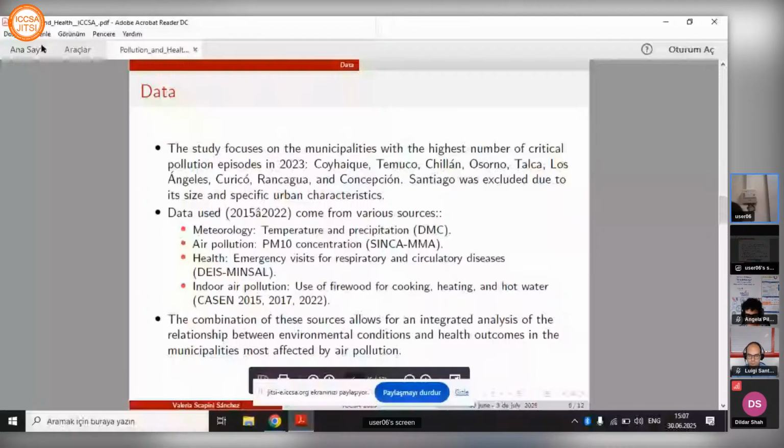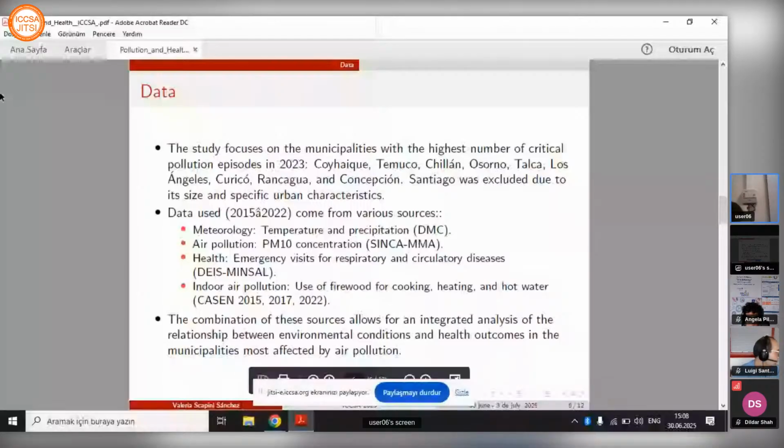We don't have data about indoor pollution, but we use a socio-economic survey, very big, every 2 years. And in this survey, they ask everyone in the house if you are using solid fuels for cooking or for heating water or for heating the homes.